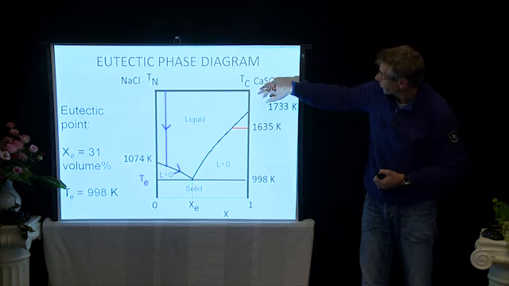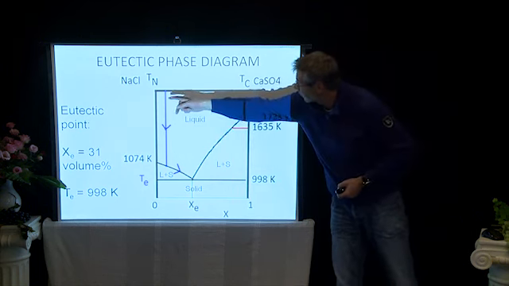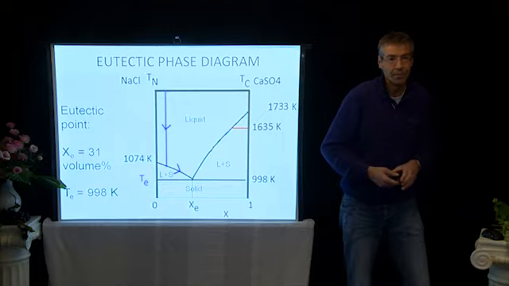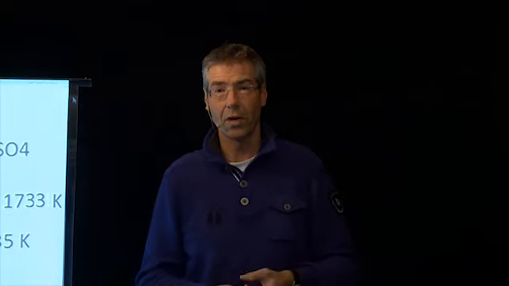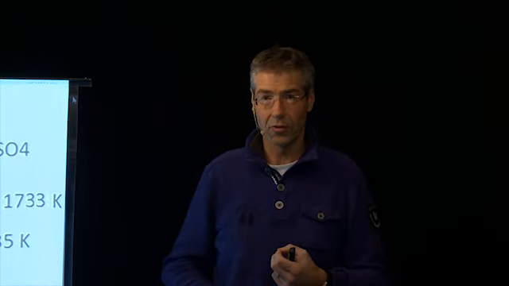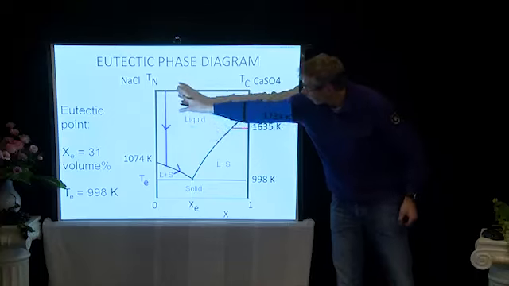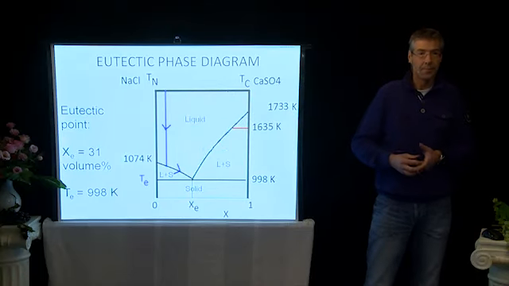Here it's 100% calcium sulfate and at the other side it's 100% sodium chloride. And the Zechstein formation contains mainly sodium chloride with a relatively small amount of calcium sulfate. And therefore, we have to deal with the left side of the diagram only.